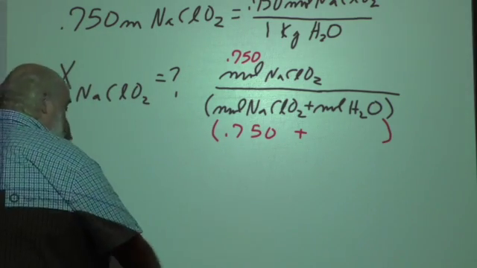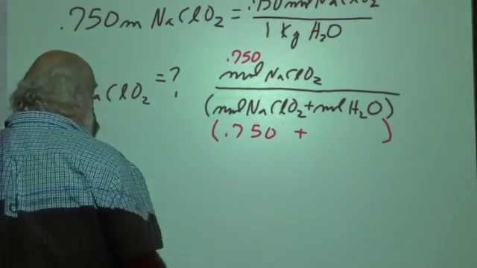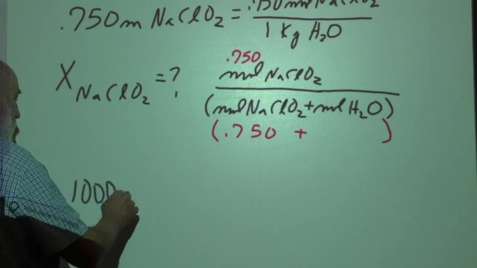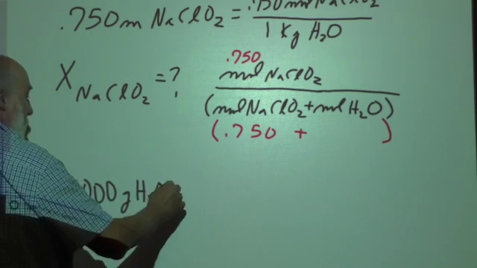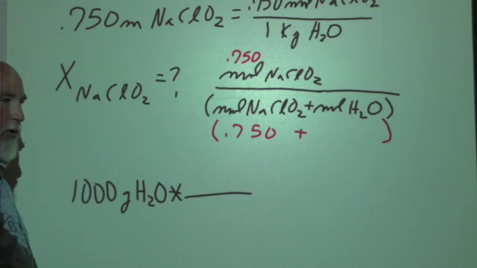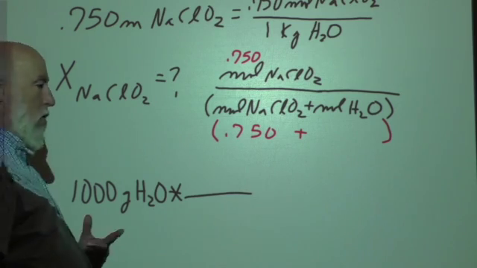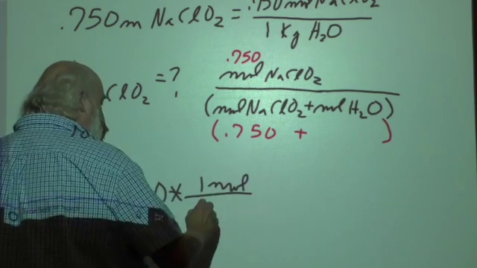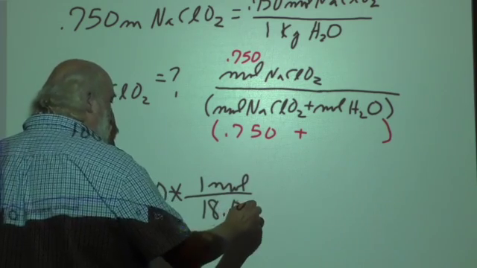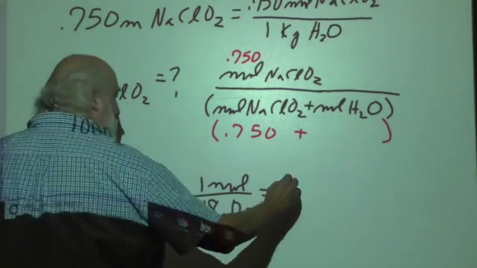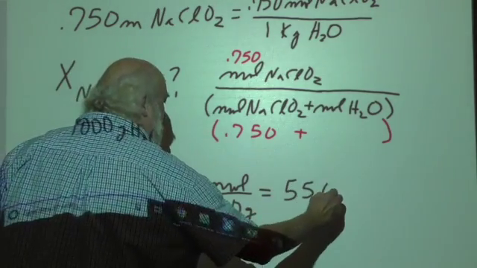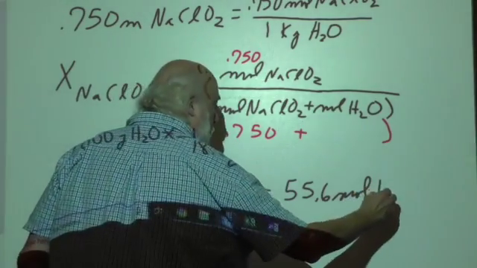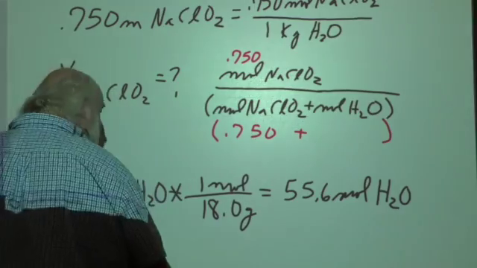Well, in this ratio I have a kilogram of water, which is equivalent to 1,000 grams. I'm going to convert that to moles by going to the periodic table and finding out the mass of 1 mole of water, and that turns out to be 18.0 grams. So when I do the math on this, this gives me 55.6 moles of H2O. So that's going to go right there.